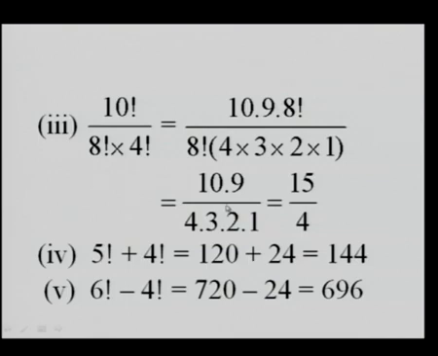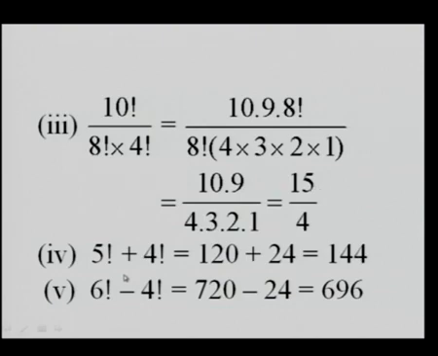If we cancel other common factors, 9 cancels with 3, 3 threes are 9, and 10 can be cancelled with 2, 2 fives are 10. In the numerator we have 5 into 3, 15, and in the denominator we are left with only 4. So the final answer is 15 by 4.